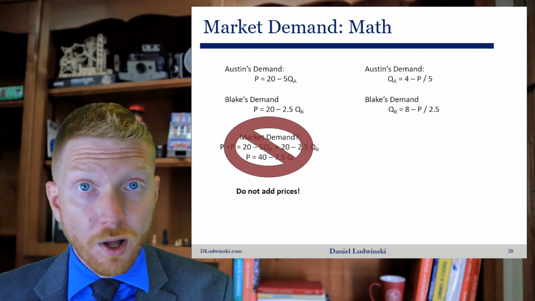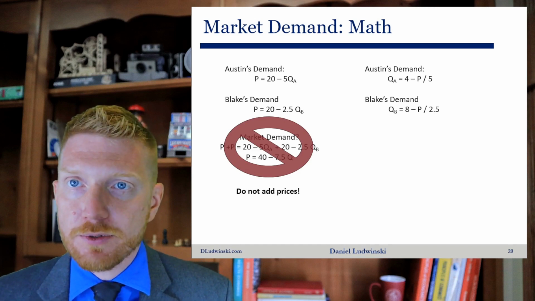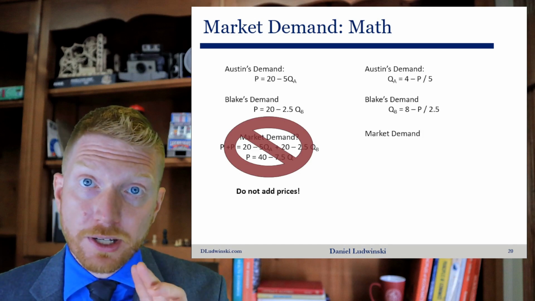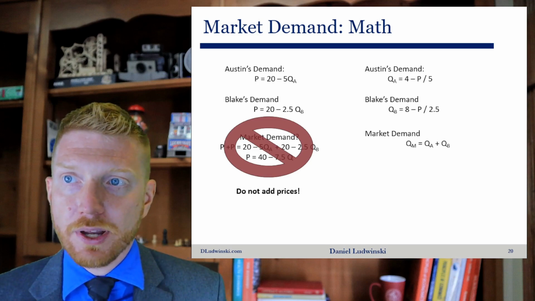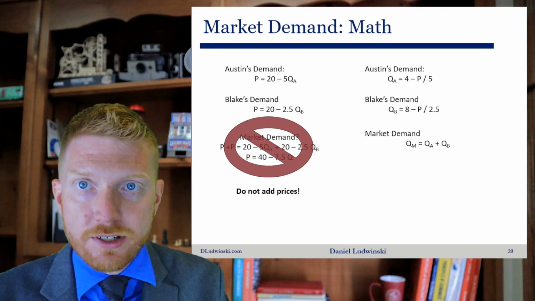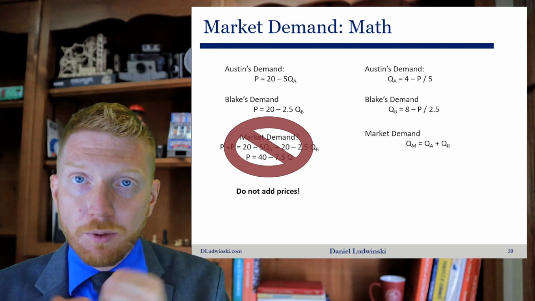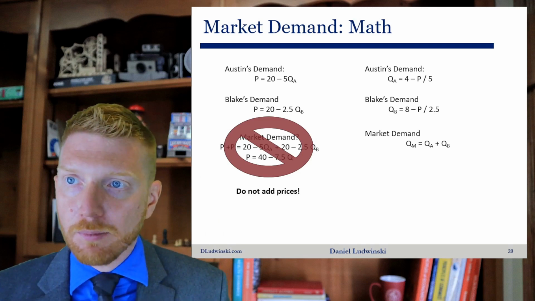However, the quantities are individual, and that's why I'm emphasizing these different subscripts. Because when we're getting market demand, we're actually getting a third different quantity: the market demand is the sum of Austin's demand and Blake's demand. And once you recognize that's what we're doing, it's easier to avoid that problem.